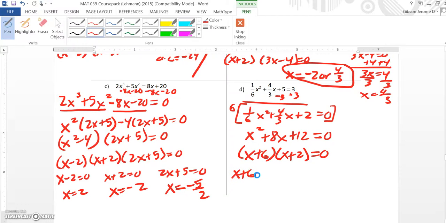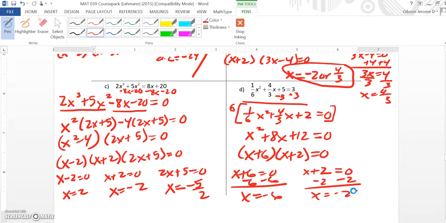So now we set x plus 6 equals 0 and x plus 2 equals 0. We'll subtract 6 on both sides, and x is negative 6. We'll subtract 2 on both sides, and x is negative 2. So these are our answers here: x is negative 6 or x is negative 2.